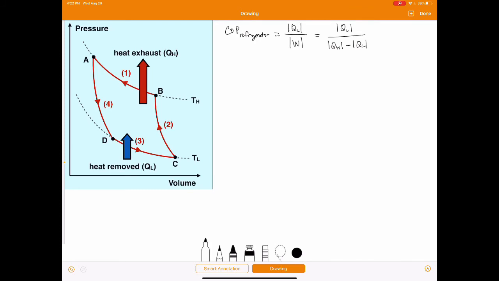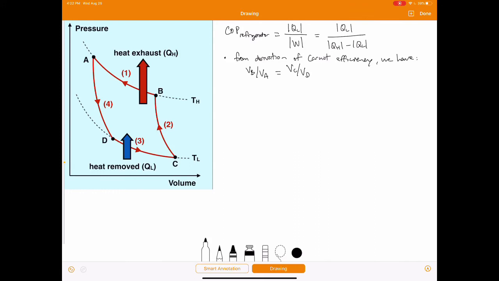Now, we've already worked with the Carnot cycle before, so a lot of results we already have from the previous derivation of the Carnot efficiency. One thing we know is that VB divided by VA is equal to VC divided by VD.